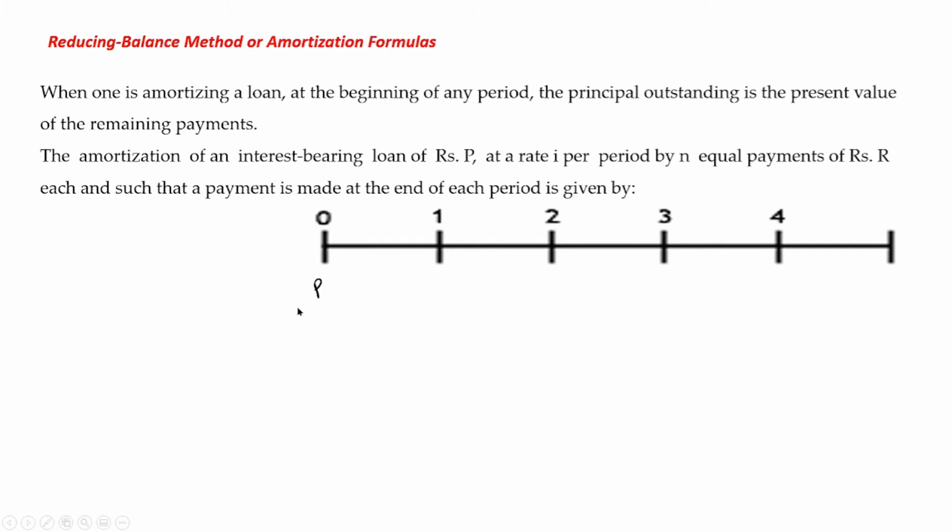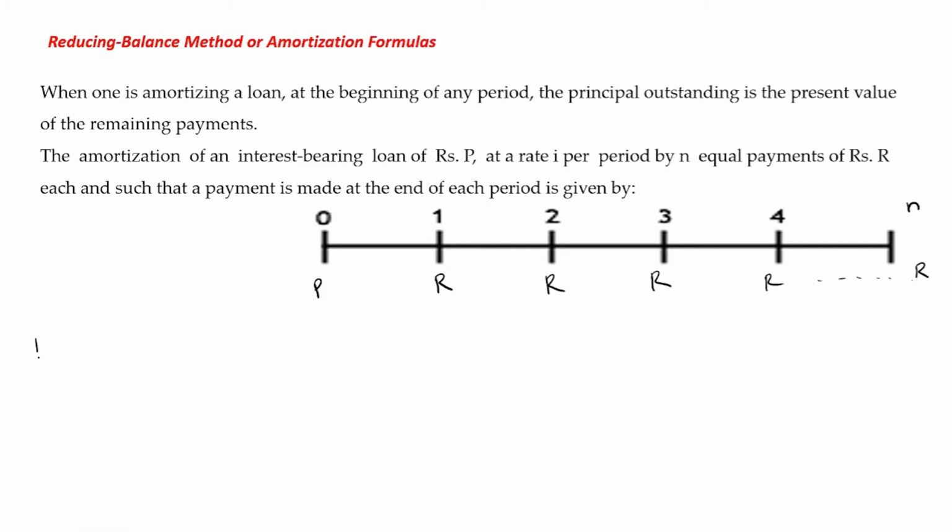So if we are amortizing the amount P by R equal payments, the EMI is R, which is made at the end of each time period for a period of n, and the rate per period is given by I. Then this P is the present value of each of these payments.